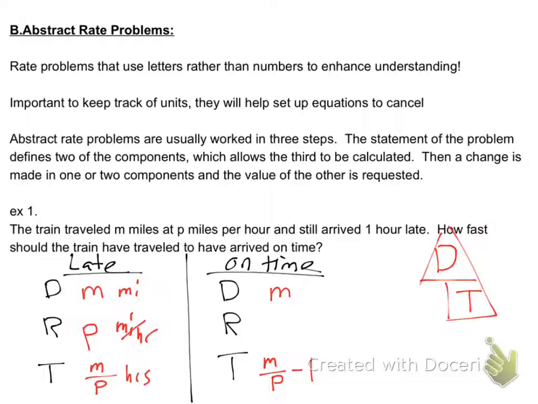So m over p minus 1. That's the answer. It's not in an acceptable form. First of all, that would be considered miles per hour, right? That would be my units. Why isn't that an acceptable answer right now?